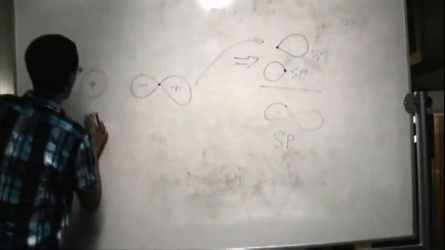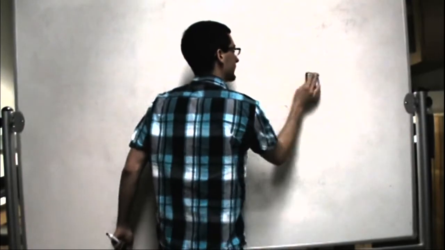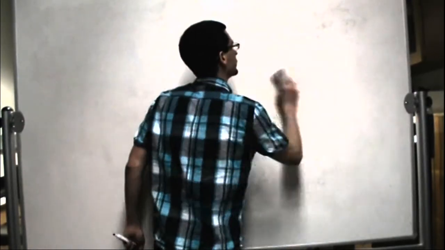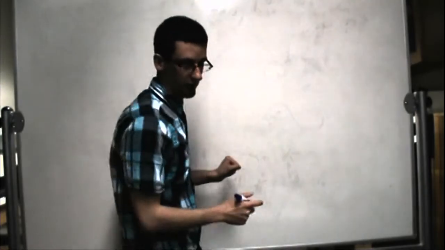So, what you can do is relate these hybrid orbitals to their electron domain geometry. What I mean by that is each domain site has a lobe associated with it. So you can make this handy dandy little table.